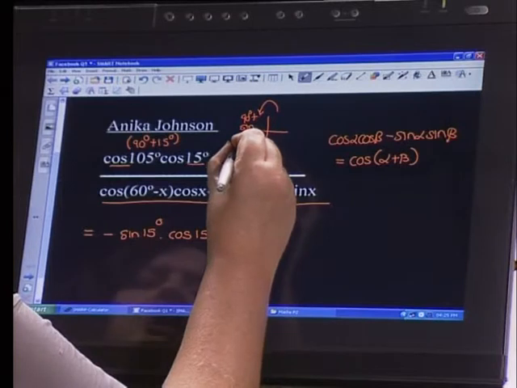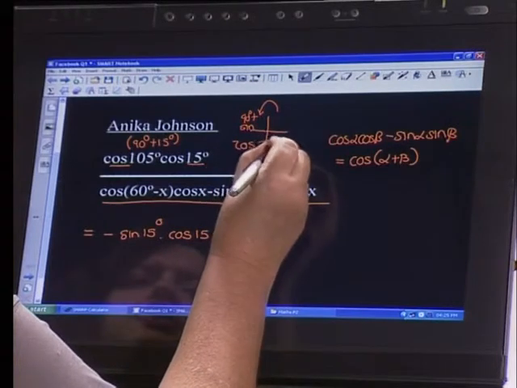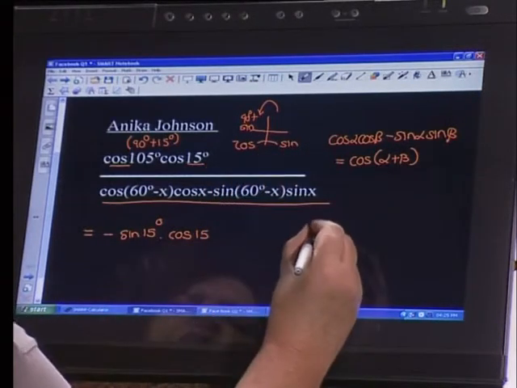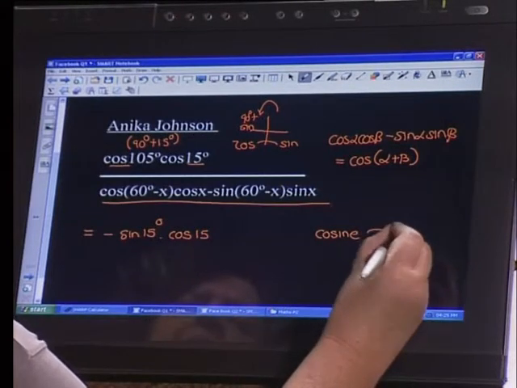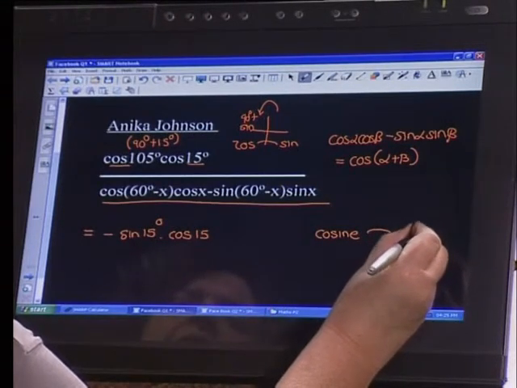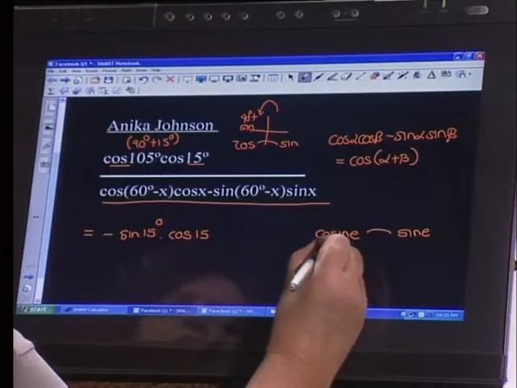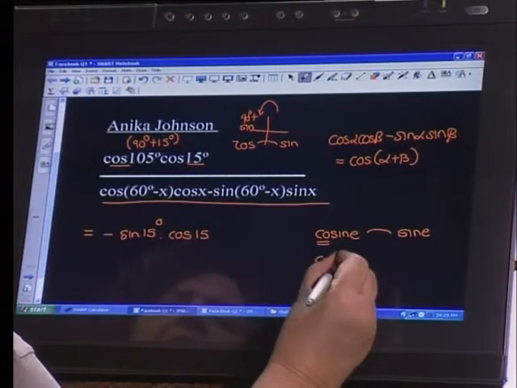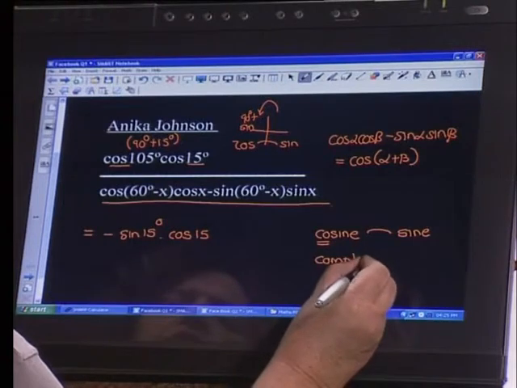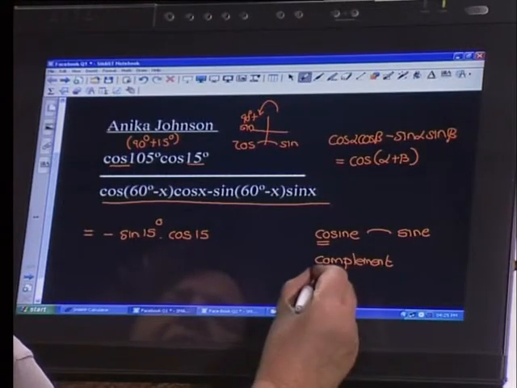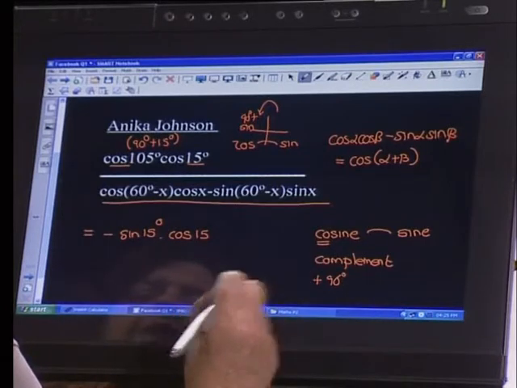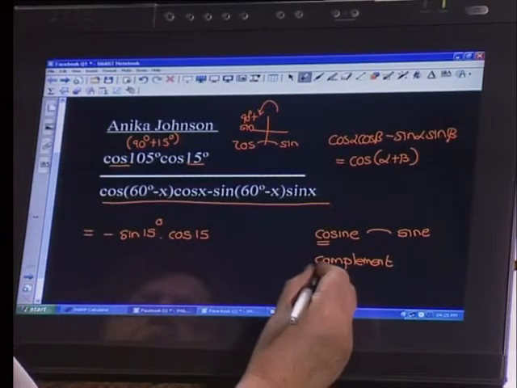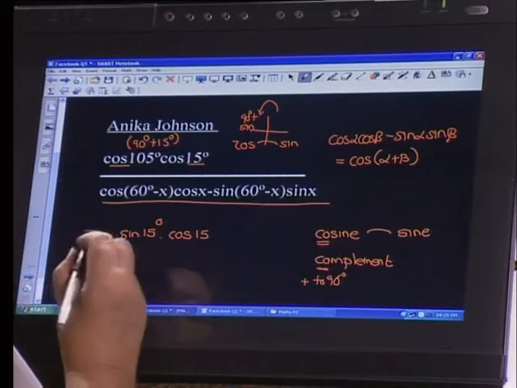Remember, our ratio changes from cos to sine. And I'm sure you've had your teacher show you this. Cosine becomes sine, or sine becomes cosine. The co comes from the word complement. And complement, if you remember your basic geometry, means adds up to 90 degrees. So that's really where that comes from. So that's why the co is coming in there.